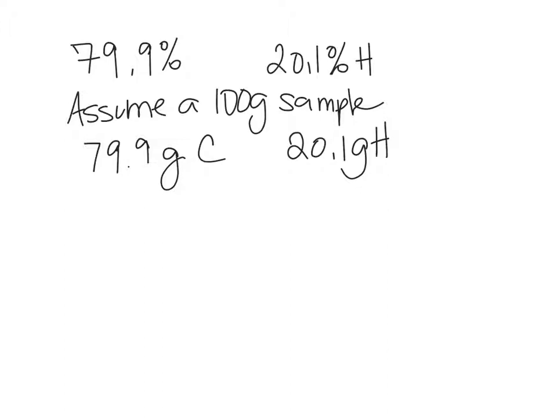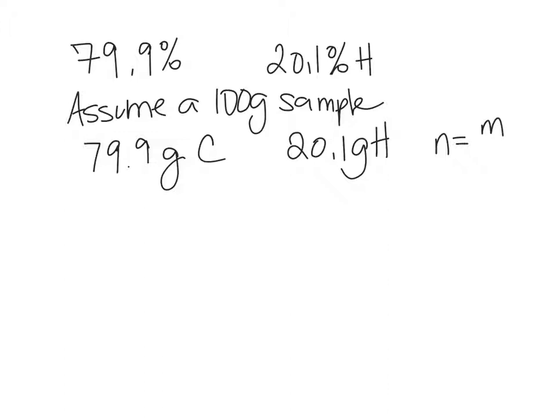It says calculate the moles of each element. You can use dimensional analysis, but a formula is really easy here because we can just go down the page. What is the symbol for moles? Little n. What is the formula once we know mass?